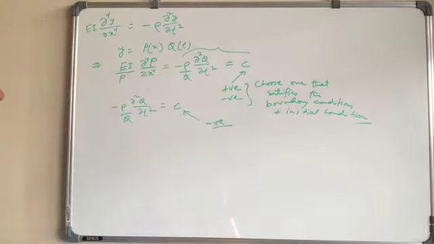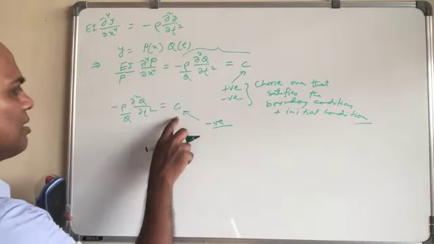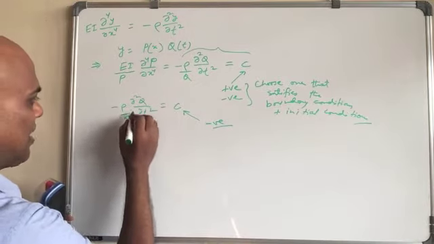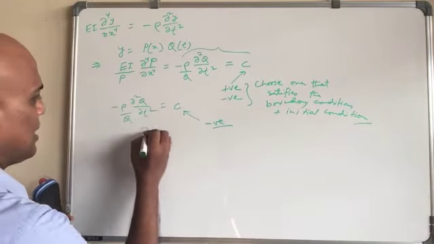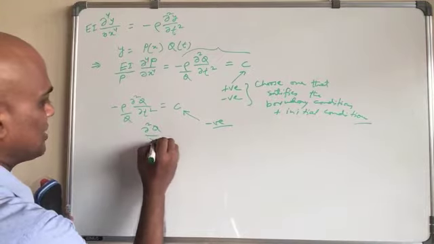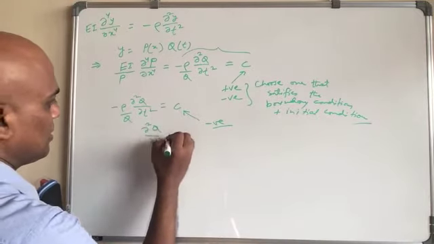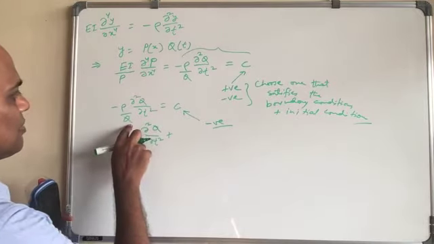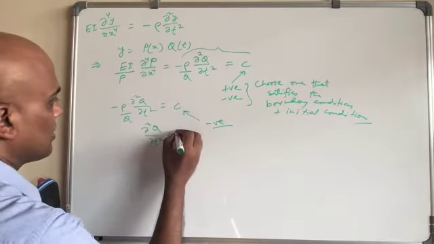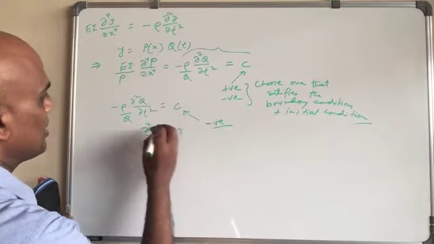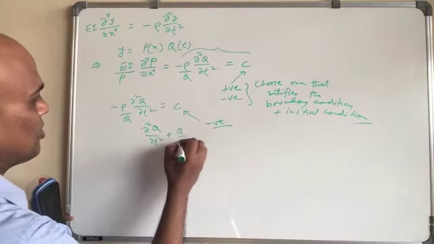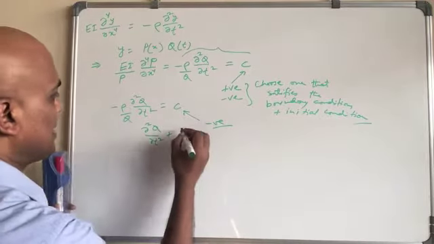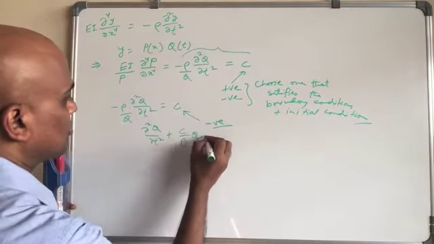If this value is negative, the final equation will be something like this: ∂²q/∂t² plus c over ρ times q equal to 0.